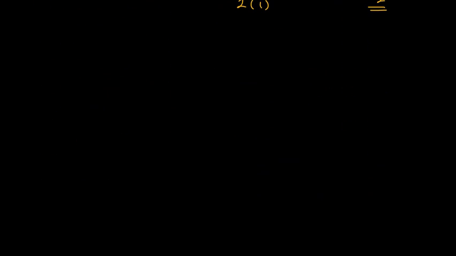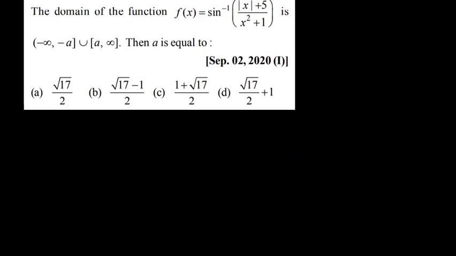Now let us move to the next question. Now here the problem in front of you is: the domain of the function is given as minus infinity to minus a union a to infinity. Then we have to calculate what is this a. Okay, so how do you solve?